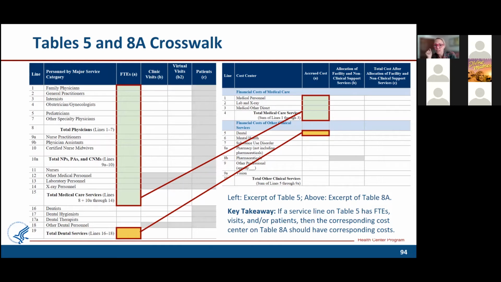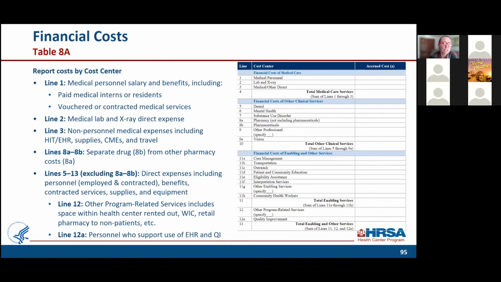Similarly, the total costs related to dental on lines 16 through 18 of table 5 are reported on line 5 of table 8A. If you have different folks completing the sections of the UDS, like HR is doing FTEs and financial folks are doing these tables, this is a good way for you all to see how they connect and how you may want to connect in your completion as you work together.